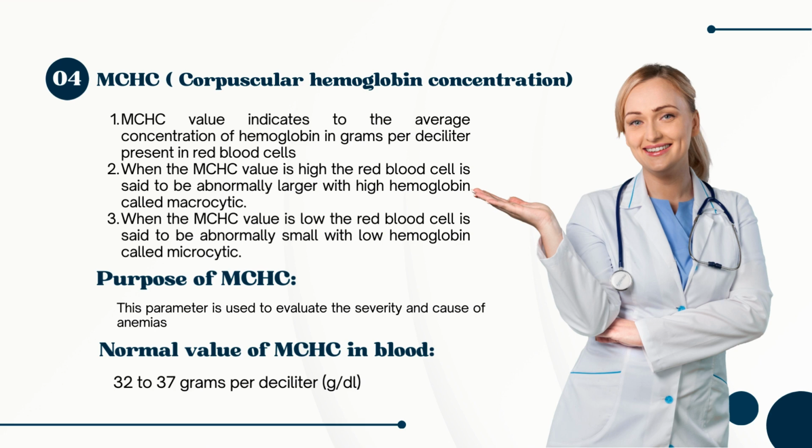When the MCHC value is low, the red blood cell is said to be abnormally small with low hemoglobin, called microcytic. Purpose of MCHC. This parameter is used to evaluate the severity and cause of anemias. Normal value of MCHC in blood: 32 to 37 grams per deciliter.